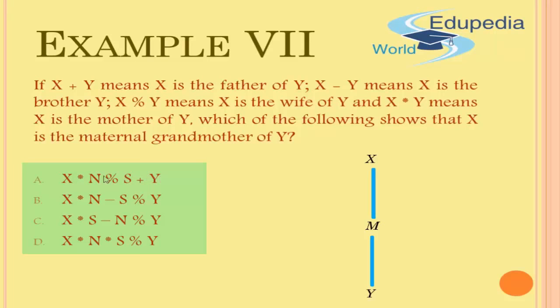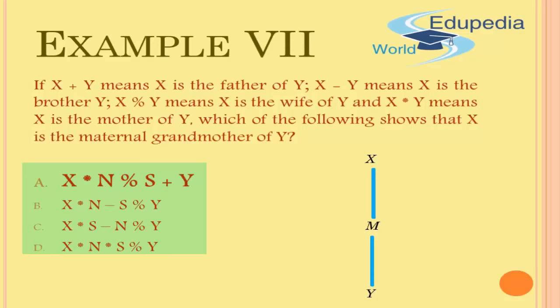Therefore, y is the son of n and the grandson of x. Since n is y's mother, x will be y's maternal grandmother. X is the mother of y's mother. So option A is the correct choice, and I will select that as my answer. And that solves it for me.